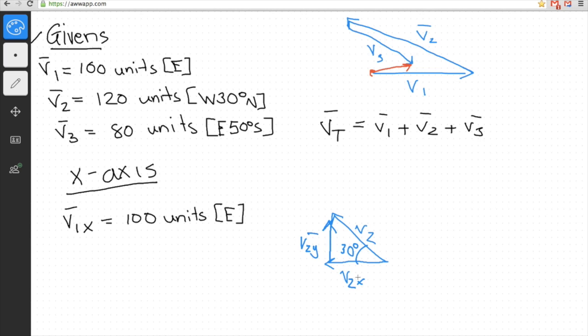So how do we get V2x? Well, we use a trig ratio. Because this is adjacent to this angle, we use the cos trig ratio, and that means that V2x is equal to V2 cos 30 degrees. And we know that the magnitude of V2 is 120.